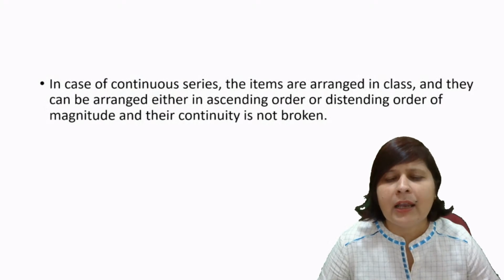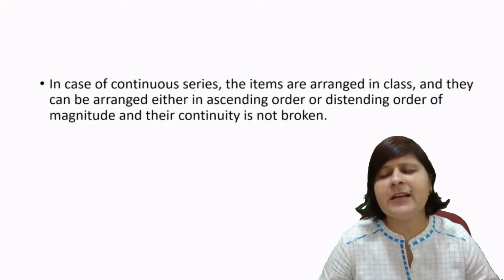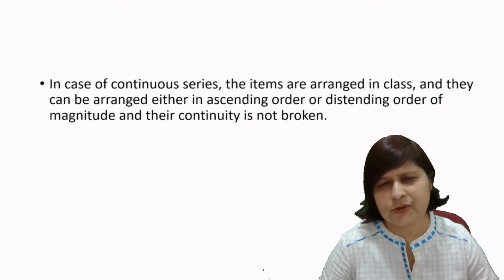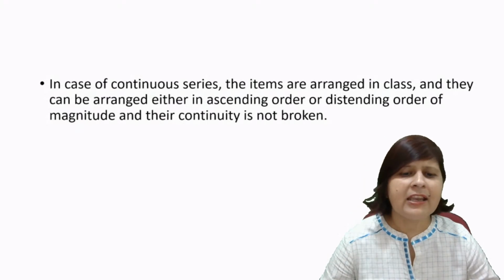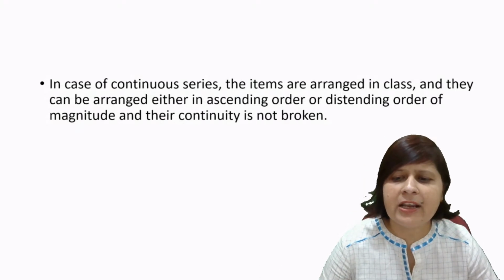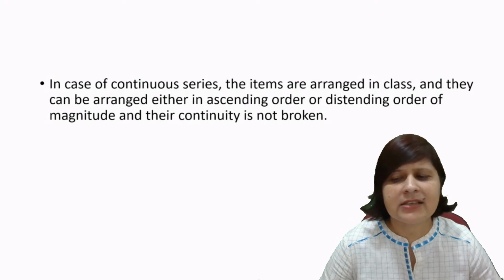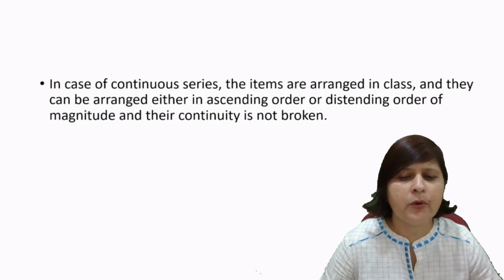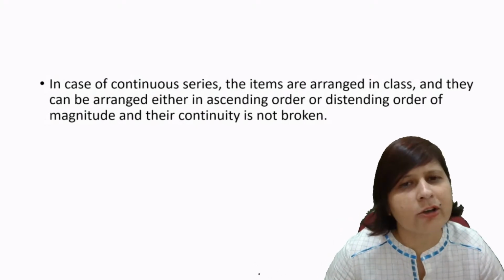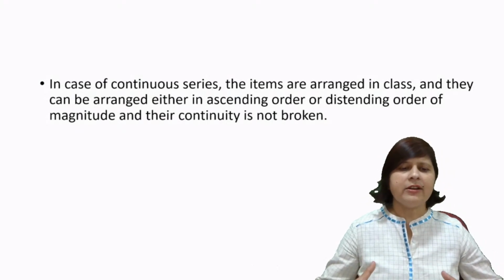While in continuous series, the items are arranged in classes, and they can be arranged either in ascending or descending order of magnitude, and their continuity is not broken. That is what a continuous series is.